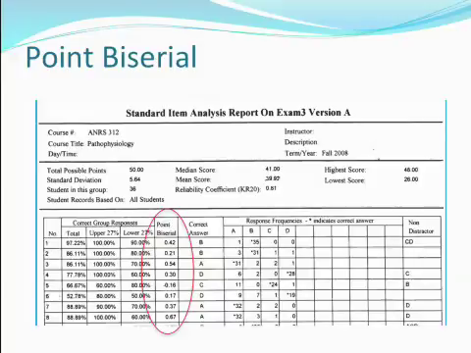In this case, a positive point biserial will indicate that those scoring higher on the test were more likely to answer the question correctly. If students in the lower third answer an item correctly more frequently than the upper third of the students did, then the point biserial will have a negative value.